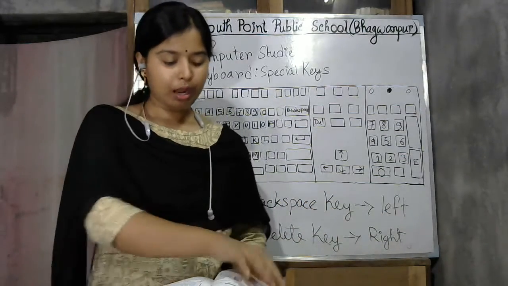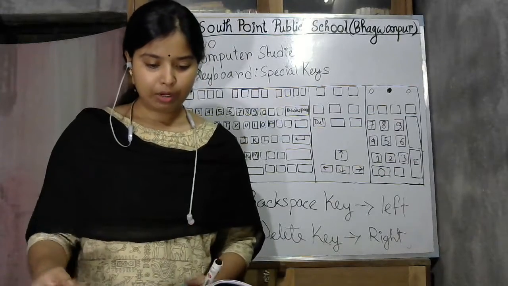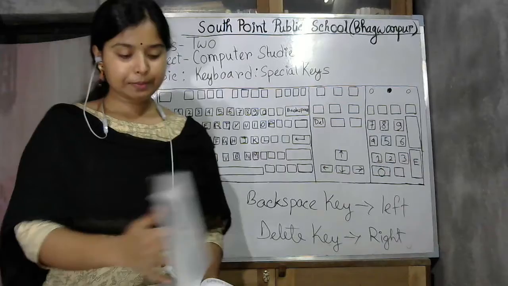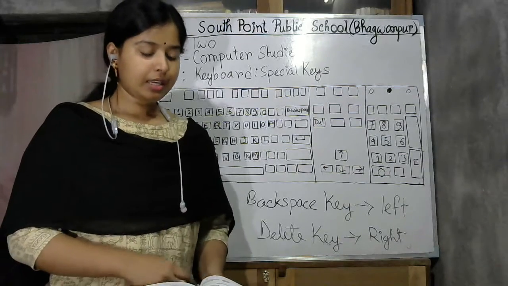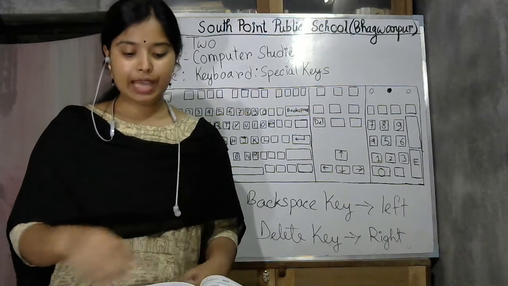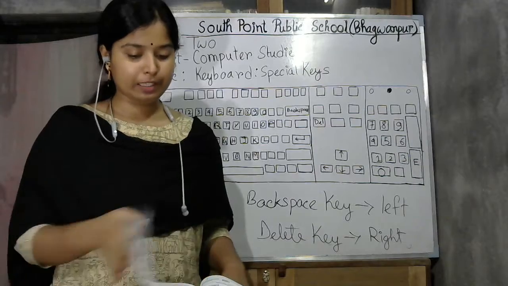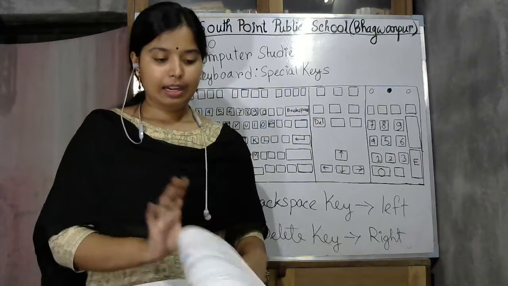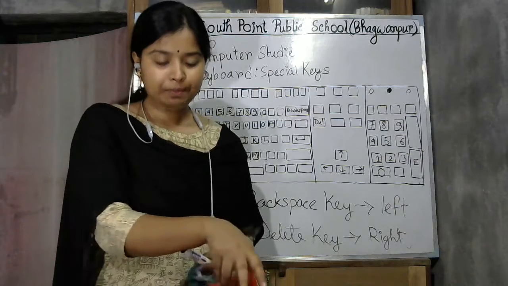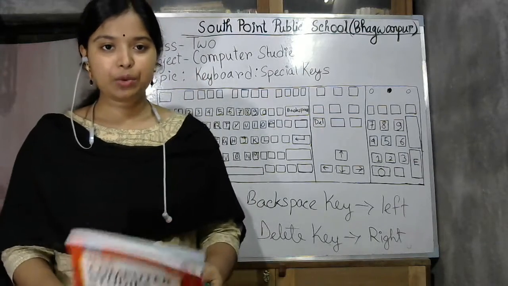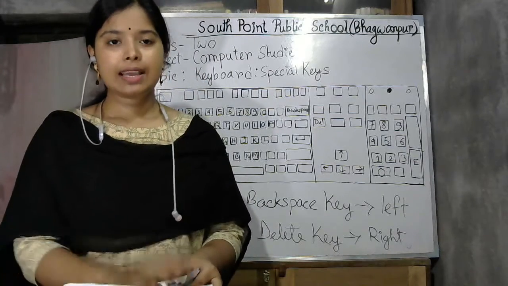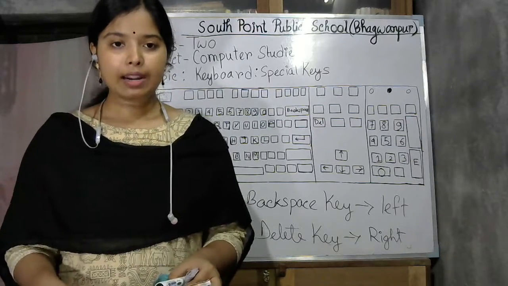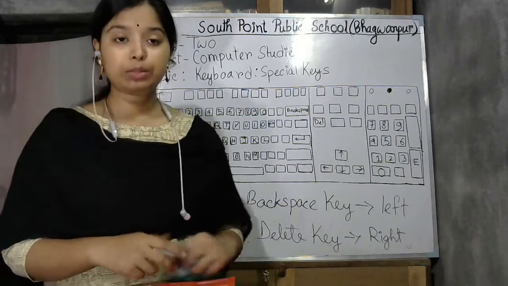So today you learned about how many keys? Alphabet keys, number keys, special keys like caps lock key, enter key, arrow keys, delete key, and backspace key. Next day we will learn about some more keys. Now you must read the book and learn the features of these keys.